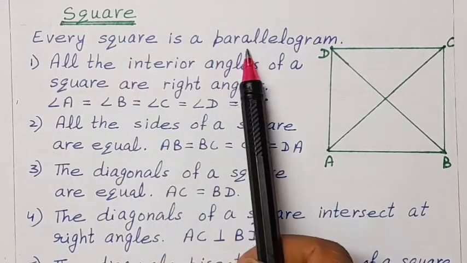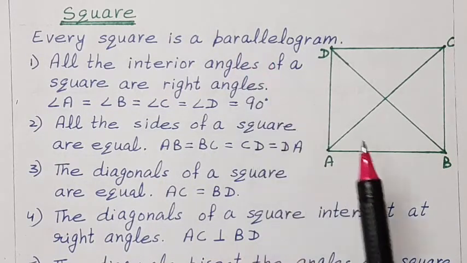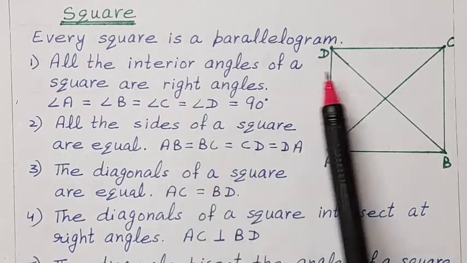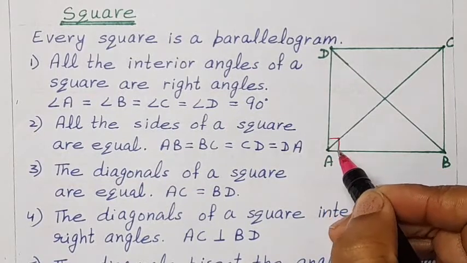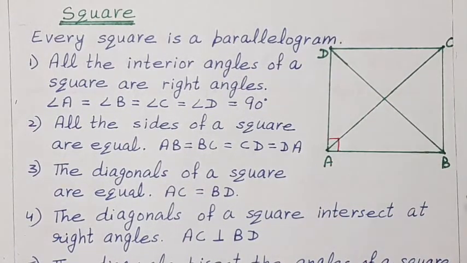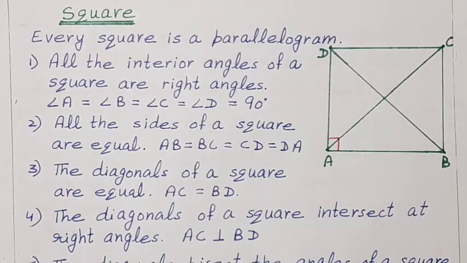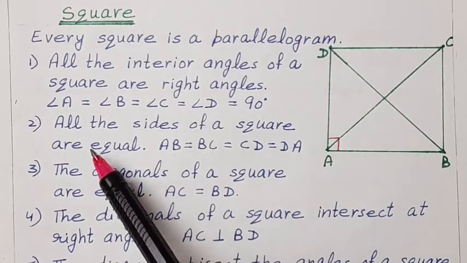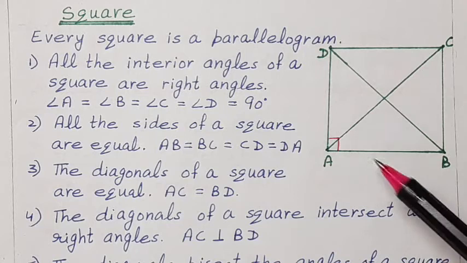Every square is a parallelogram. This we already know. Now, all the interior angles of a square are of 90 degree each. Now, this property is same as rectangle. In rectangle also all the angles are of 90 degree each. Now, the second property is, all the sides of a square are equal.